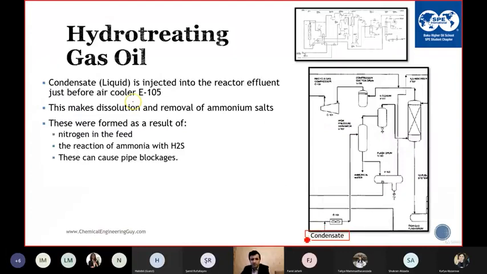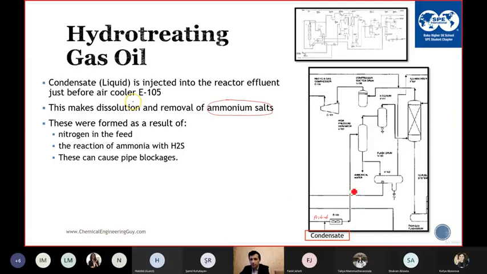And we have the condensate. The condensate is injected into the reactor effluent, so into the product, just before the air cooler. This solution removes ammonium salts. So we add water to dissolve ammonium salts.